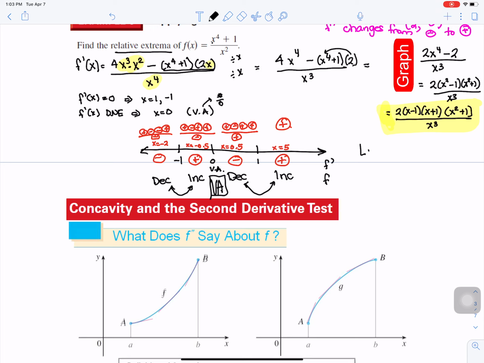So I'm going to say local min at -1 and a y-coordinate. So when I sub that into my original function, -1 to the 4th plus 1 over 1. And there's a local min at +1, which is going to give me the same result, 1 to the 4th plus 1 over 1, because the derivative changes from negative to positive.